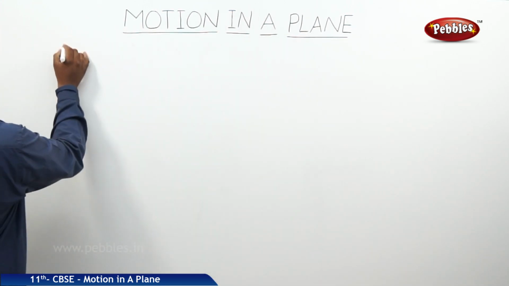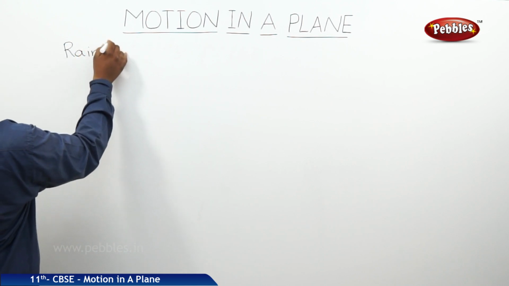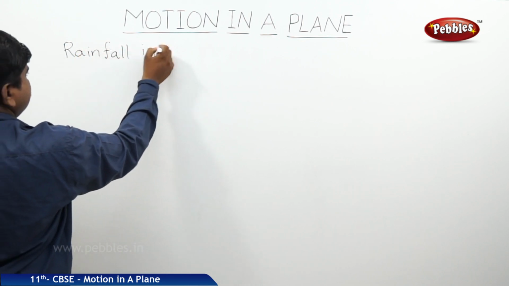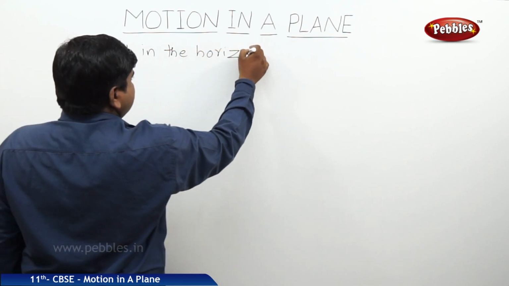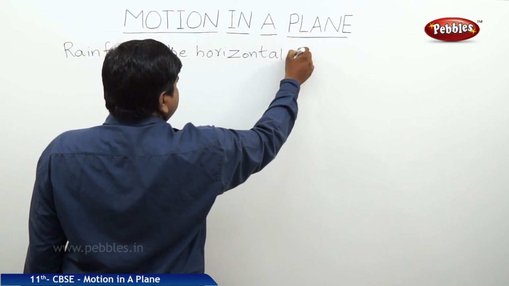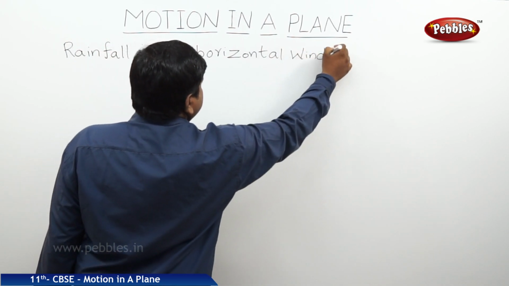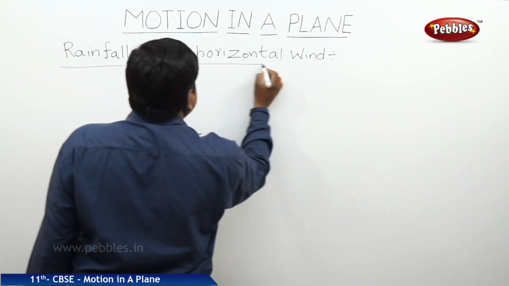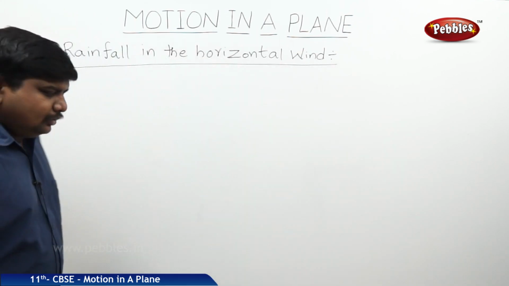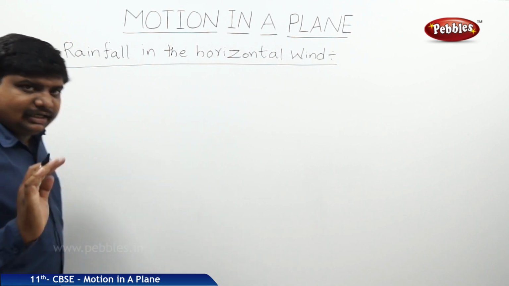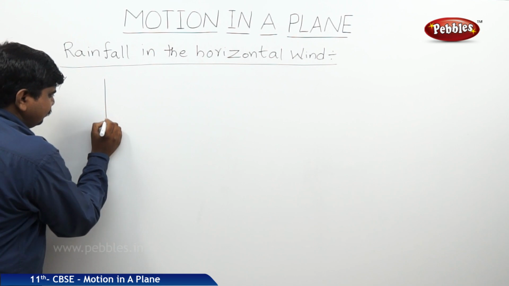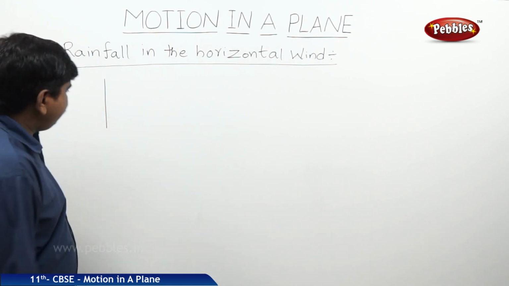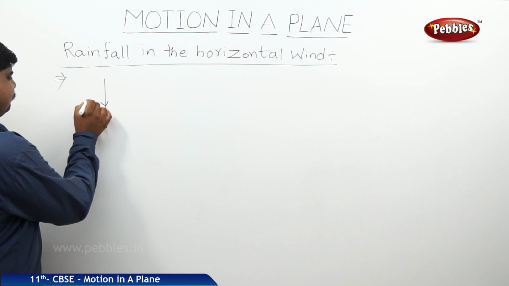The next concept is rainfall in the horizontal wind. So what we can understand is, let us suppose this is the direction of the rainfall. Rain is falling with a velocity v.